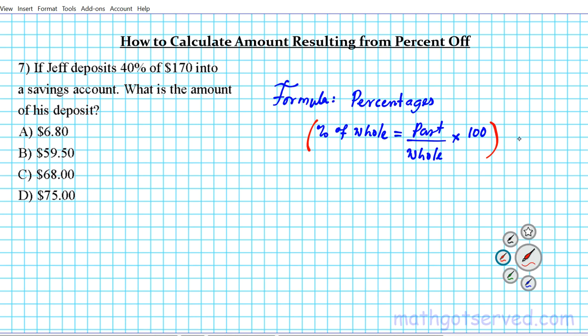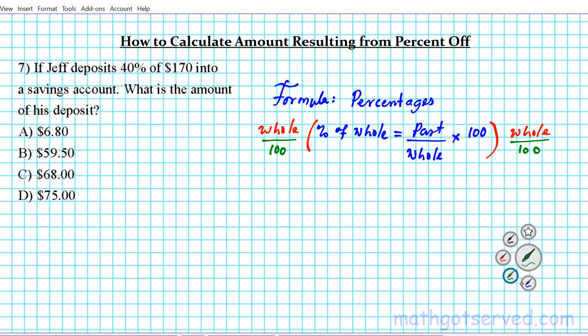So to do that, we just simply multiply by whole on both sides. The opposite of divide is multiply. So since you're dividing by a whole, if you multiply by whole, it's going to cancel out the whole. And then I have times 100, so we are going to divide by 100. What we're doing right now is just deriving another formula that you need to know to calculate the part after a percent is taken off the whole.